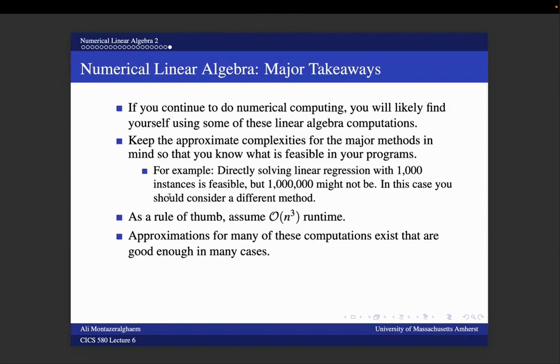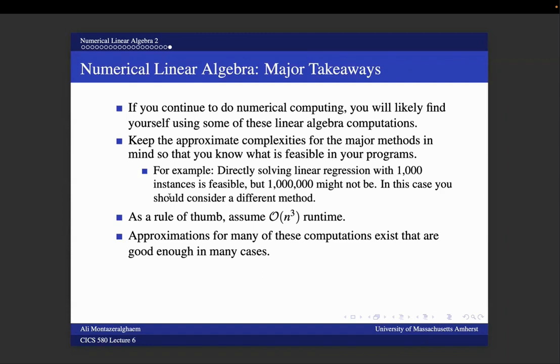The major takeaways from numerical linear algebra are that if you continue to do numerical computing in your research or in your course, sometimes you need to use linear algebra computation.